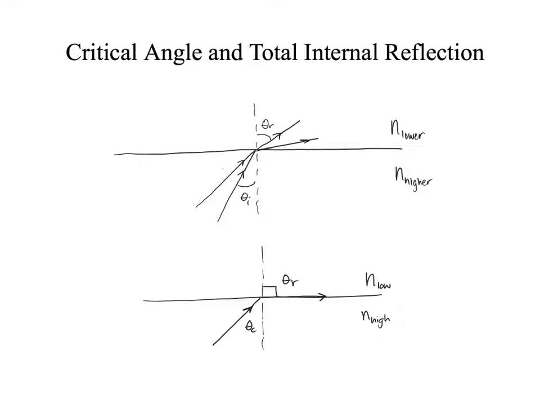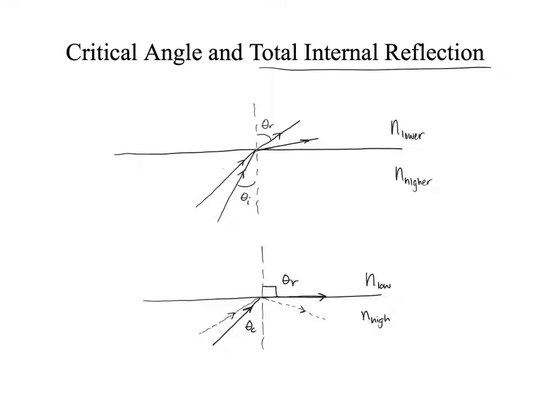The idea being that if we ended up with a higher angle of incidence here, in this higher index of refraction, what would happen is the light actually wouldn't pass into the new medium, but would obey the law of reflection and just reflect back into the material. It would reflect off of the interface between the two materials. And this is what we call total internal reflection.